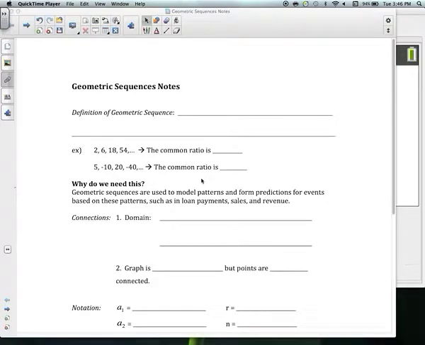Already done, and what we're going to do now in these video notes is geometric sequences. For a definition, it's a set of numbers found by, instead of adding, multiplying.